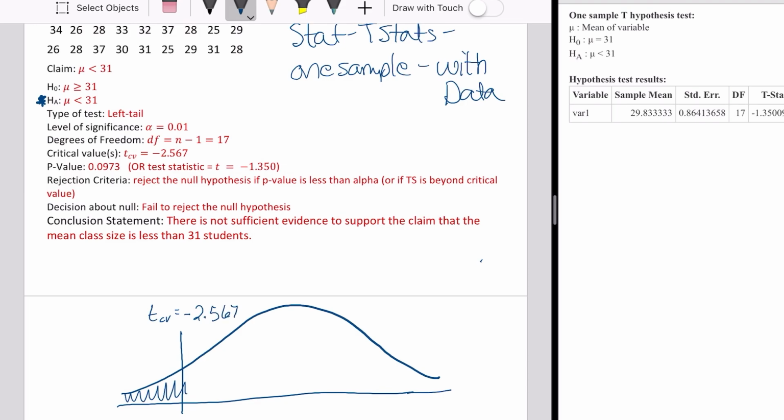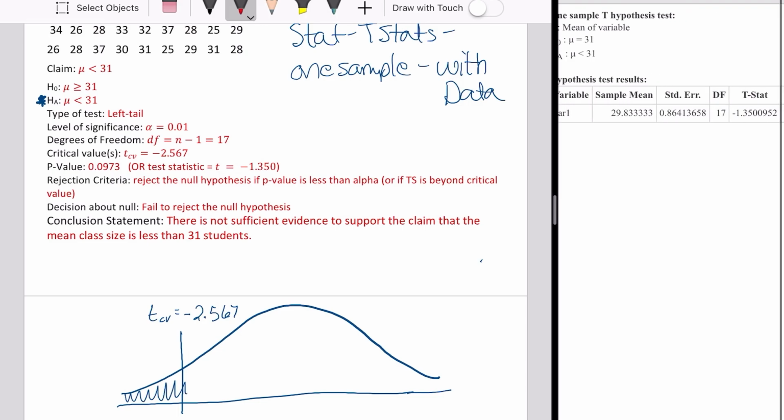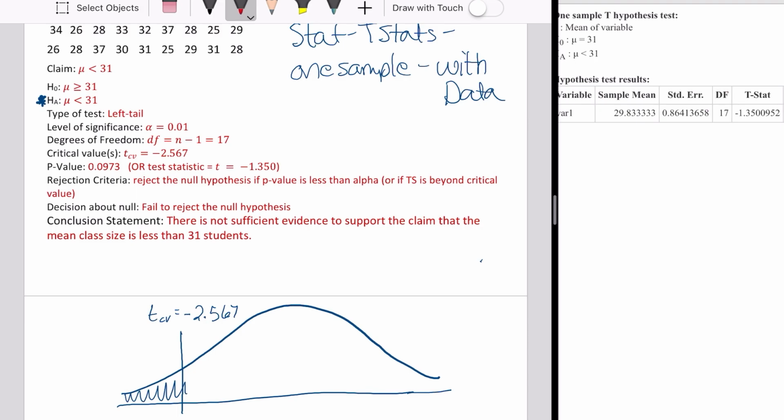And the test statistic, which is the t-score for our sample data, was negative 1.35. If 0 is in the middle, negative 1.35 is not going to be in the rejection area. It's going to be between 0 and negative 2.5.